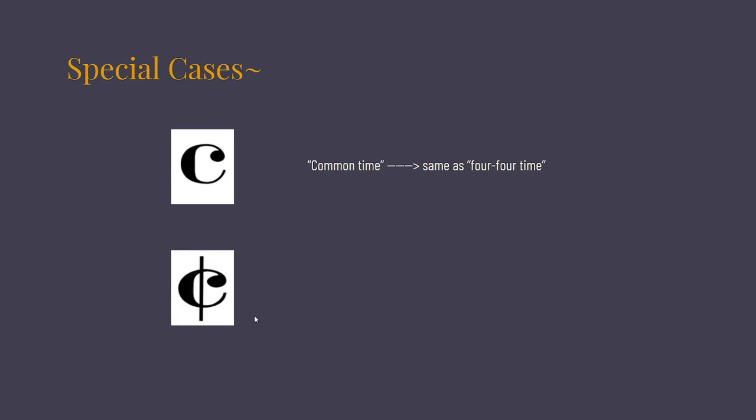And this is an interesting way of writing cut time, or à la brève, which is the same as 2/2 time, which is one of the examples that we explored earlier. And like I said before, these special cases are simply different ways for composers and arrangers to write time signatures that are a little more common.